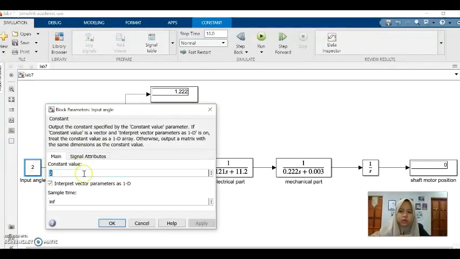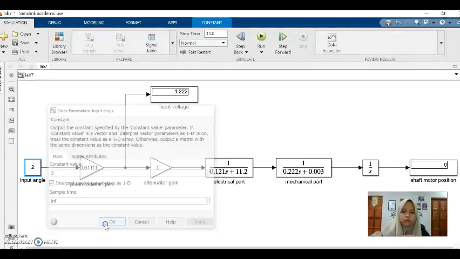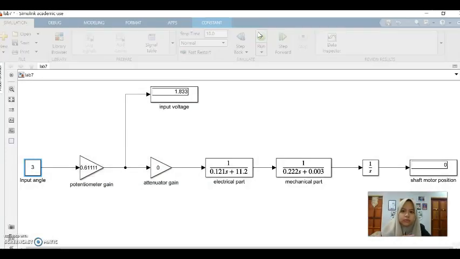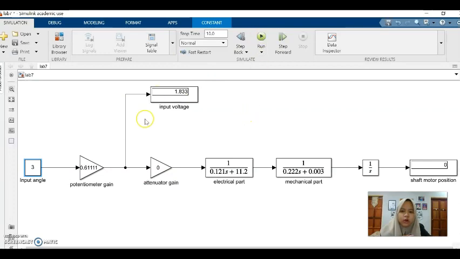Then we increase it to 3. This is the output. Then we must increase the input angle to 10. Then we must observe the output of the input voltage and the shaft motor position.